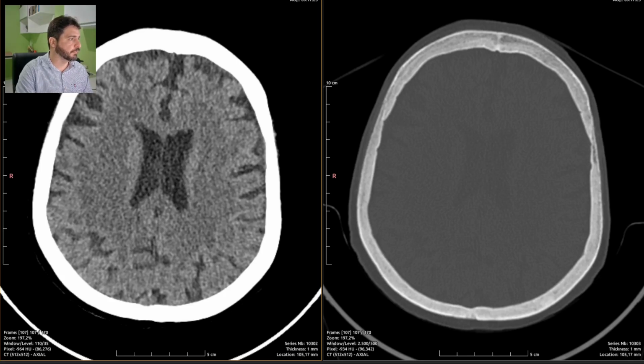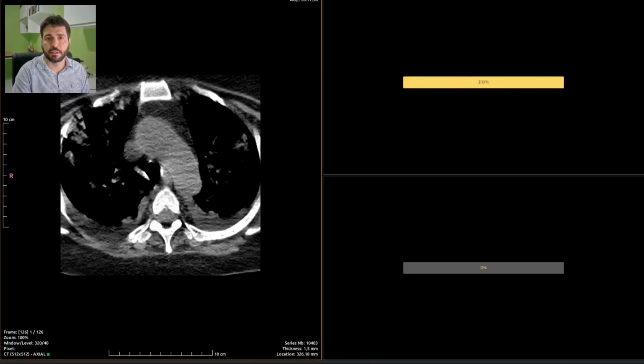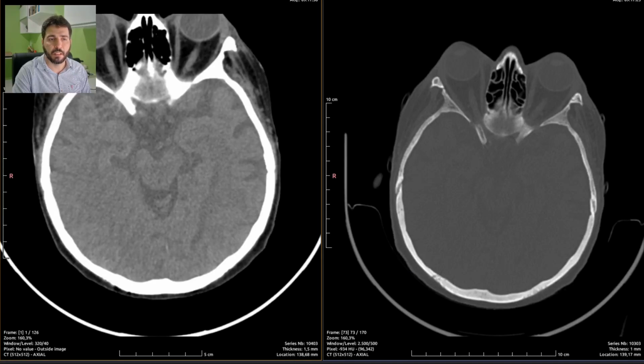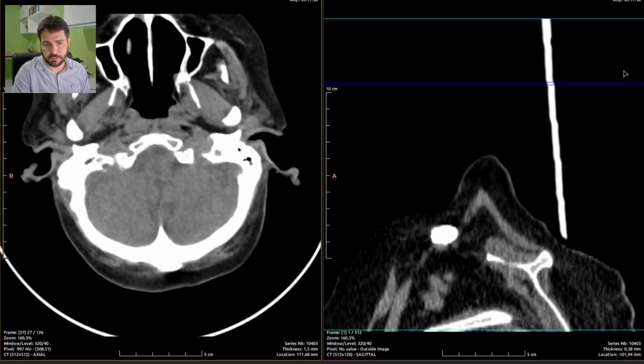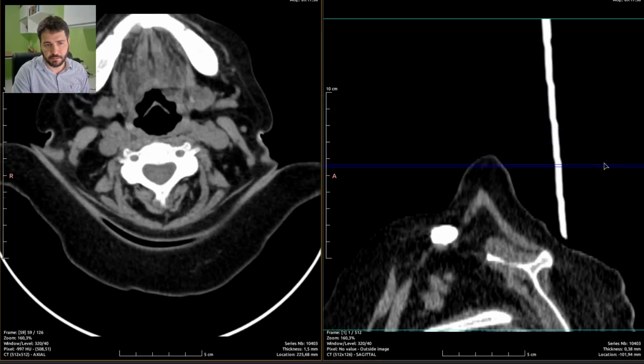Let's go now for the cervical spine. I'm pretty sure the cervical spine is all shaky, almost impossible to report, and completely destroyed with degenerative disease signs.